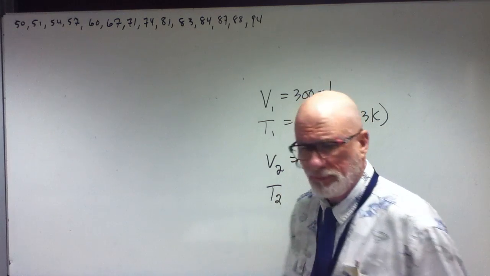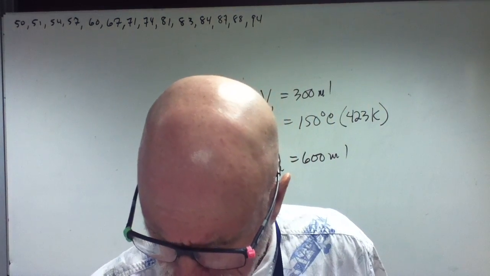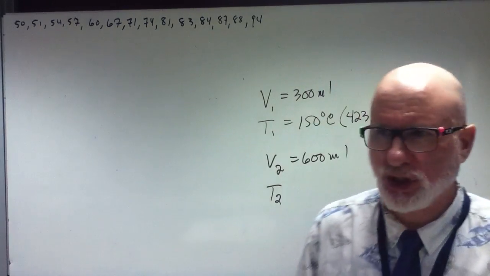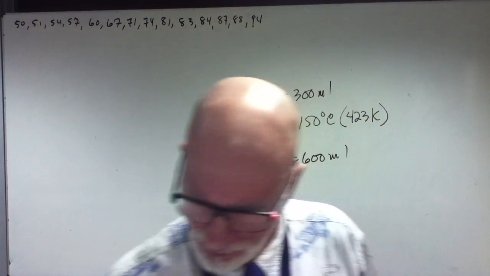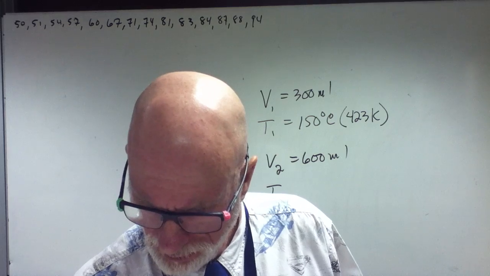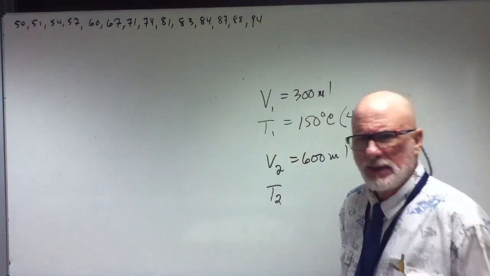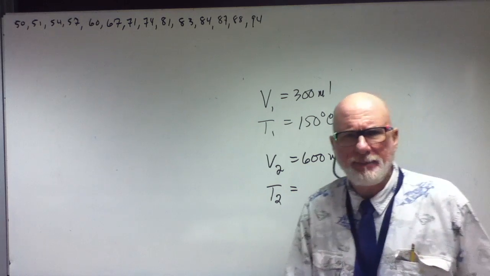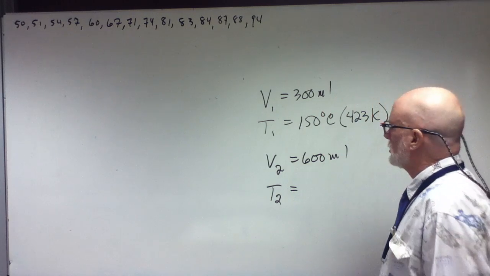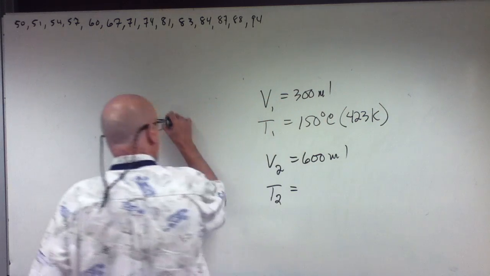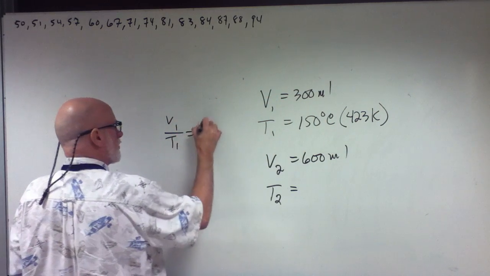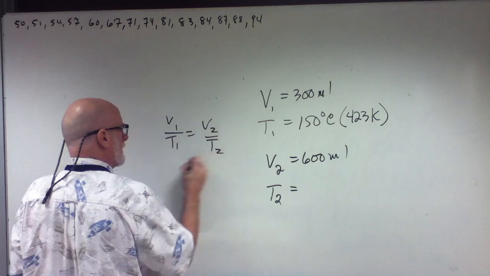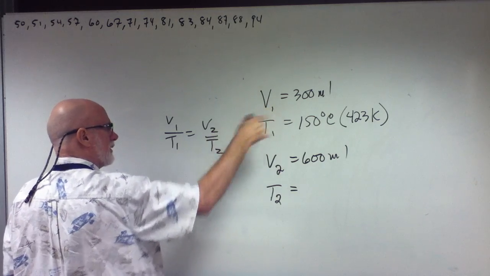What's the new temperature? And let's make the temperature in Celsius, okay? So what would be the new temperature? It's going to be V1 over T1 equals V2 over T2, and that's going to be what?